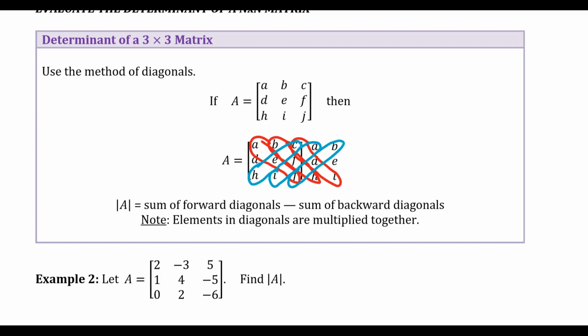For the positives, we start here at the top left and do 3 diagonals. For the subtraction, we take down here at the bottom left and go up for 3 diagonals.